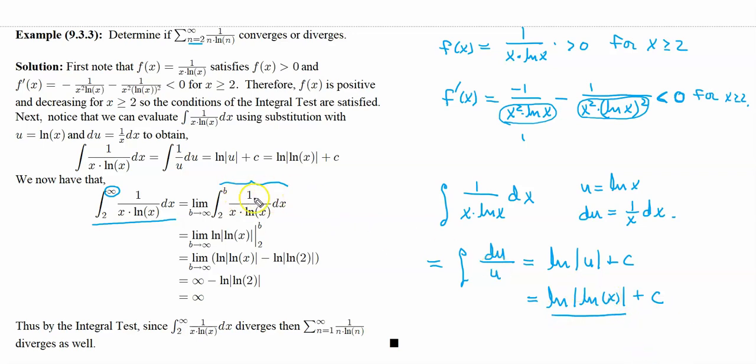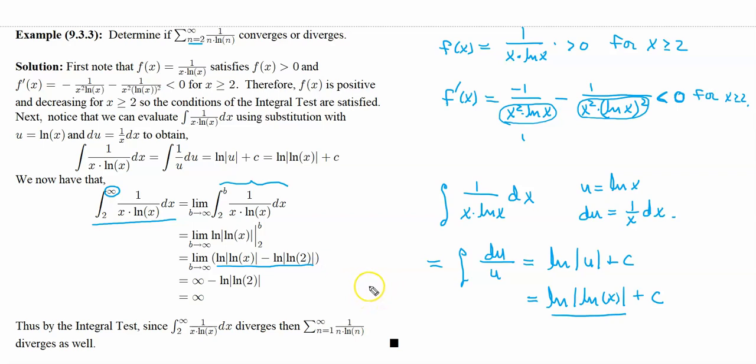Okay, so going back over here, the definite integral from 2 to b is going to be the ln of the ln of x evaluated from 2 to b. Now we put the b in for the x, the 2 in for the x, and subtract. And that's what we get right here.